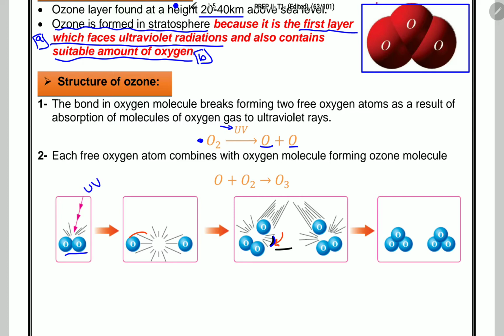This ultraviolet breaks the bond to give 2 free oxygen atoms. Then, in the second step, a free oxygen atom joins an oxygen molecule O2 to give an ozone molecule, which is called O3.